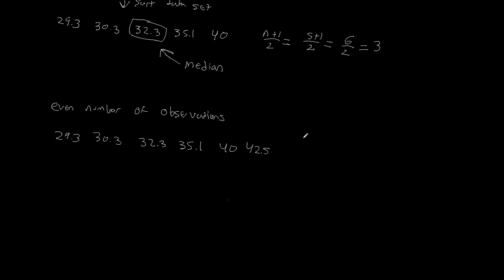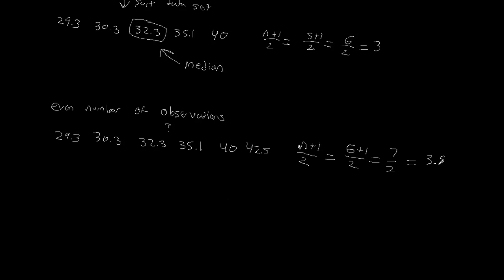Let's figure out which observation we take for the median. It's (n plus 1) over 2, so in this case we have 6 observations plus 1 over 2, which is 7 over 2, which means 3.5. So you go 1, 2, 3, 3.5.